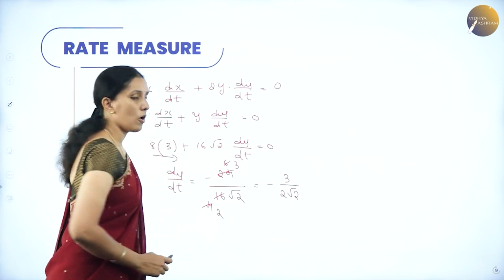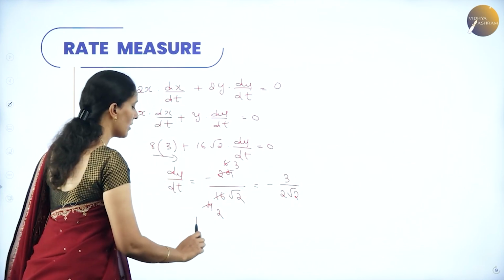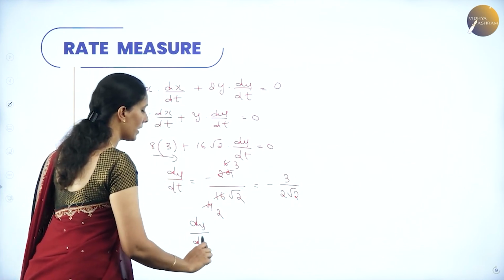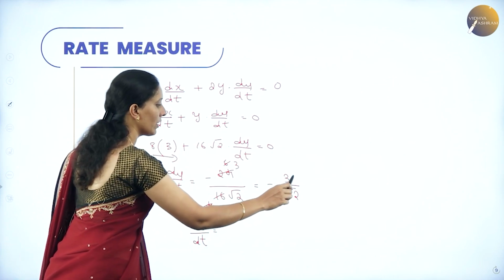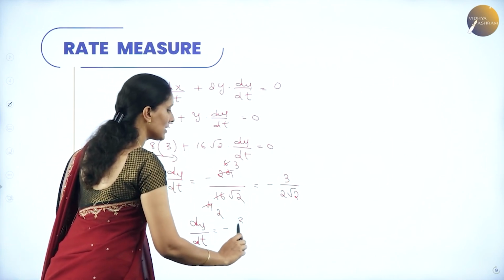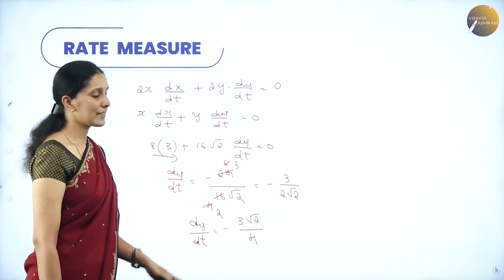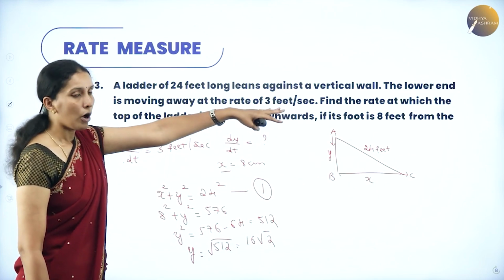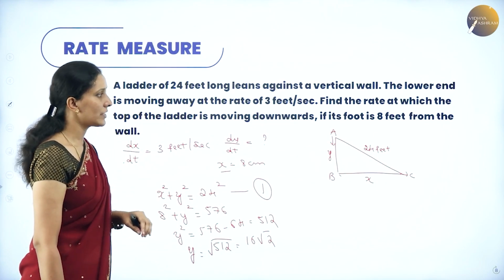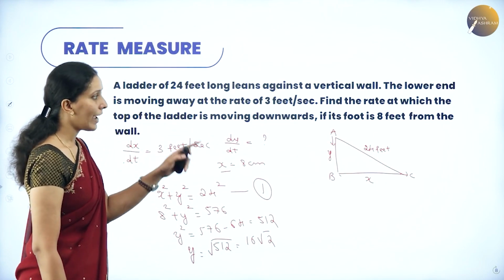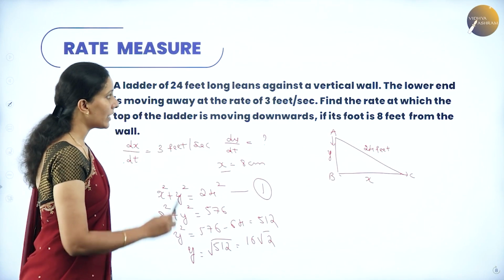To remove the root in the denominator, you can multiply by another root 2. So dy by dt is minus 3 root 2 divided by 4. So what is this? It is the top of the ladder moving downwards, at the rate of how many feet per second?